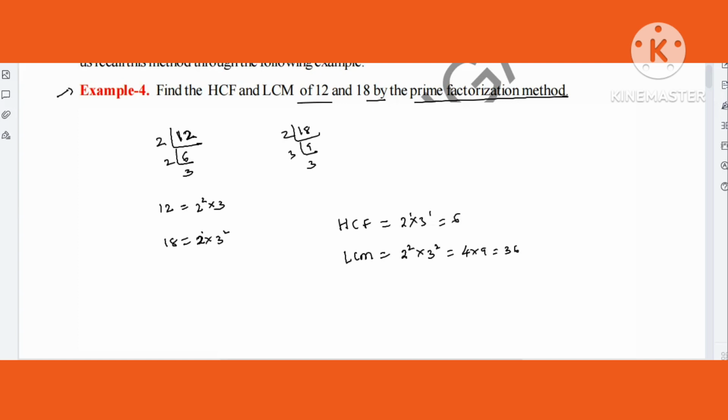Let us discuss some more. Now see, I'm taking another pair of numbers, 24 and 56.